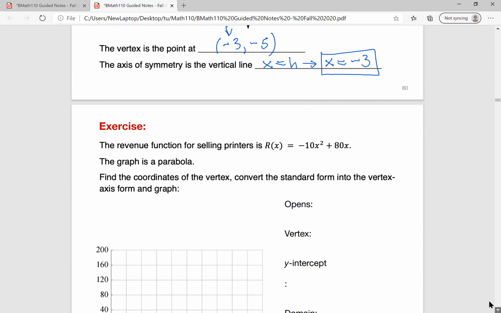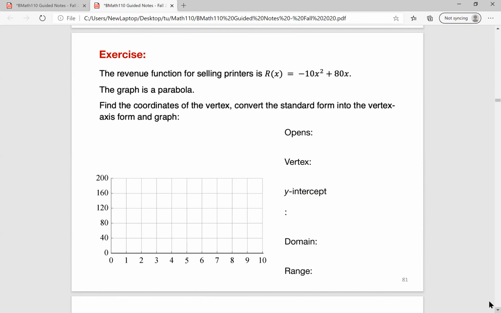All right, so here's another example. Well, actually, no, this is an exercise about, yes, it's also a graph of a function. It talks about the revenue function for selling printers, which is R(x) equals -10x squared plus 80x. So in here, we have a equal to -10, which is less than 0.